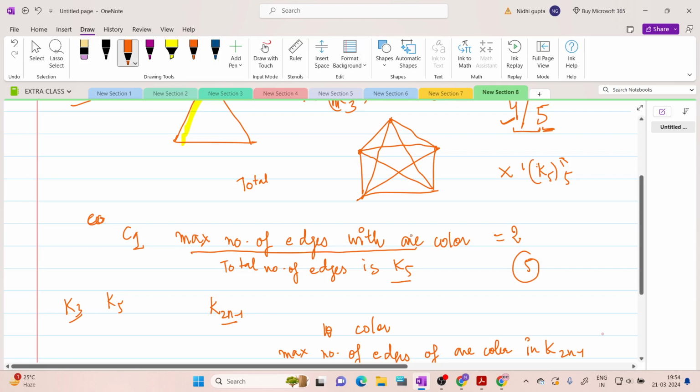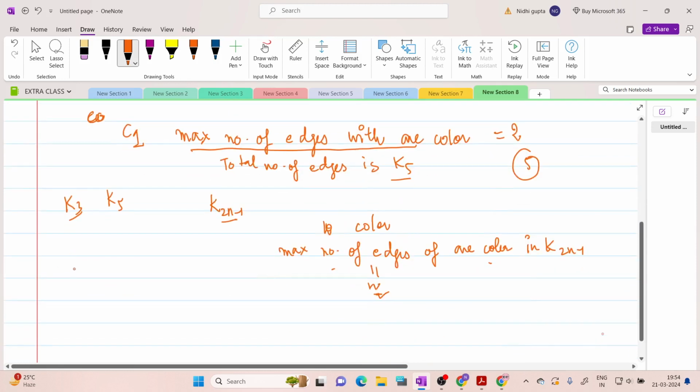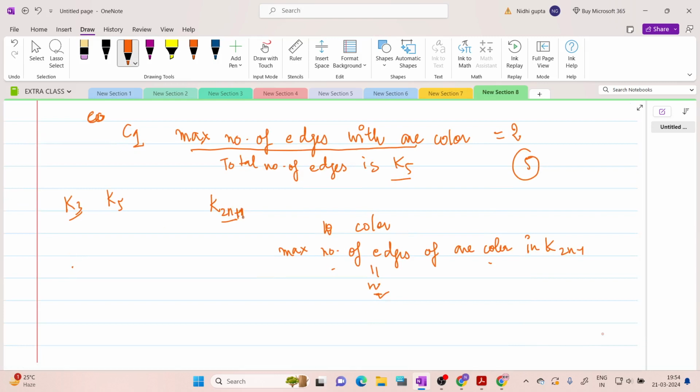Yes, I understood. So now you have 2n. Oh, this is 2n plus 1, sorry, I'm taking 2n plus 1. Now if you have 2n plus 1 vertices, how many edges can you have of one color? n edges, right? Because n edges will cover 2n vertices.